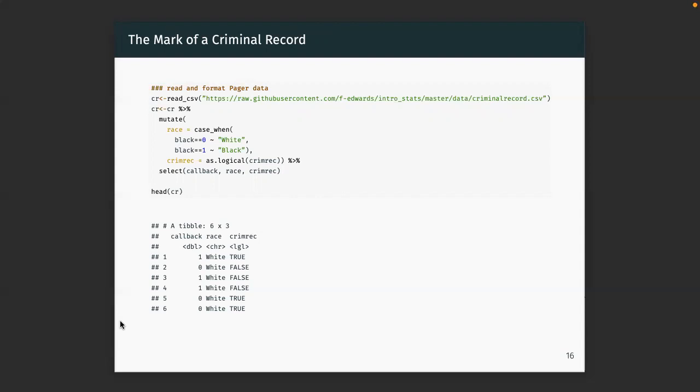Callback i equals, what comes first? Beta 0. That's right.